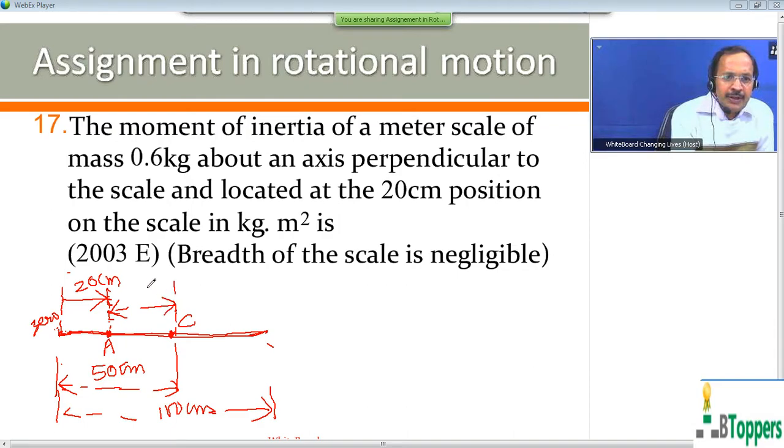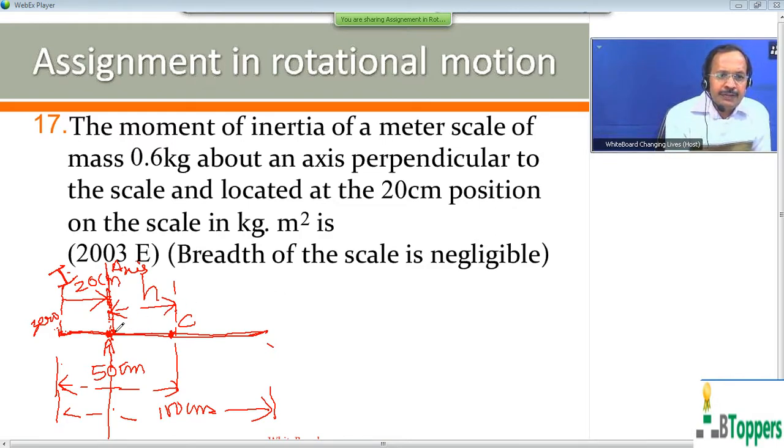Let h be the perpendicular distance between the points A and C. We are asked to find the moment of inertia of the scale about this axis passing through the point A and perpendicular to the length of the scale. Let I be the moment of inertia of the scale about the axis passing through the point A, that is the 20 centimeter position on the scale, which is perpendicular to the length of the scale.